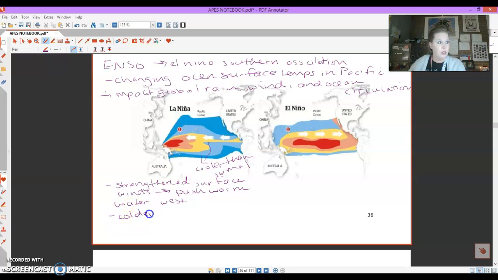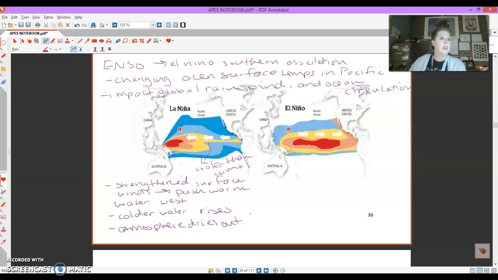So colder water rises. And what happens if colder water rises, the atmosphere dries out. So if the atmosphere dries out, that's going to reduce the amount of precipitation we have, which could be a negative impact. And it could also impact economic situations as well if we have droughts and things like that.